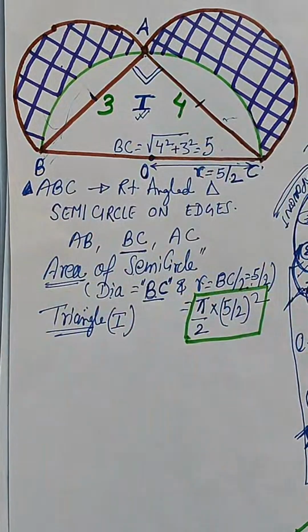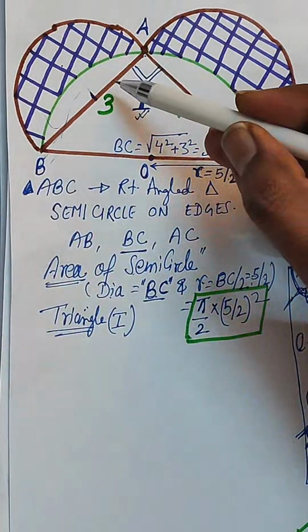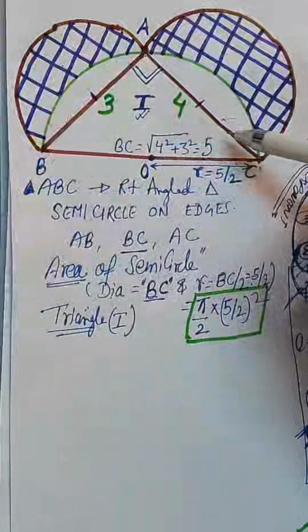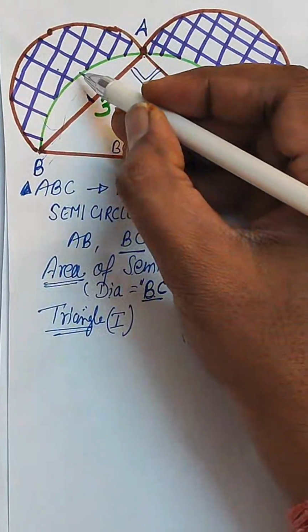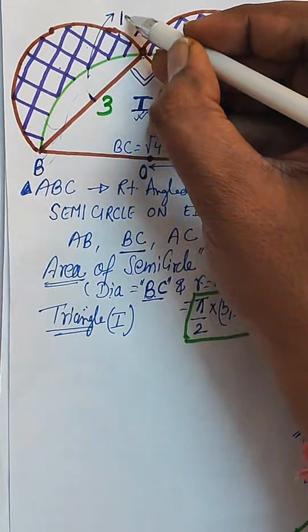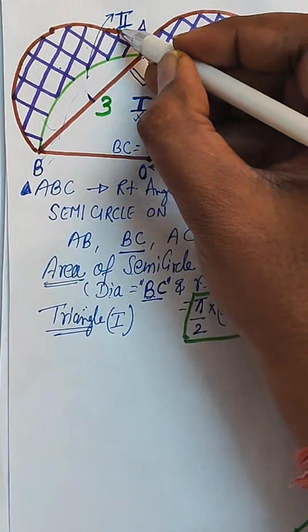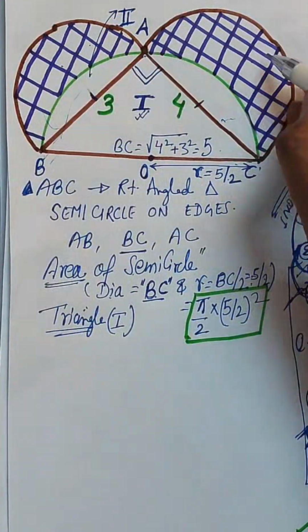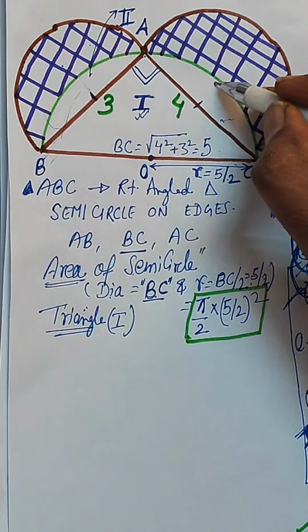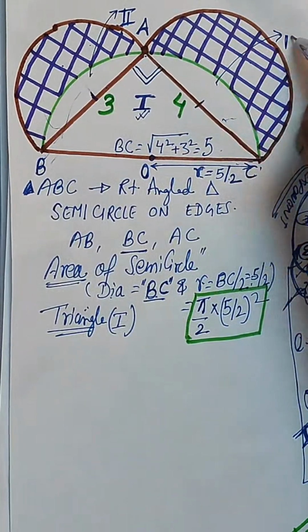The two semicircles on the two edges, that is base and perpendicular, are area number 2, and this entire one will be area number 3.